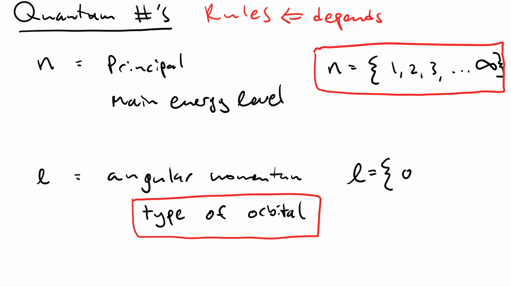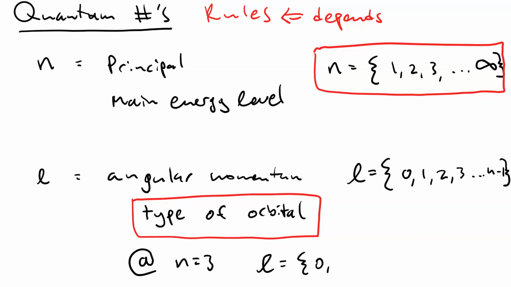So 0 is the lowest possible value of L, then 1, 2, 3, and the top is n minus 1. Say you have n equals 3, then the possible L values are 0, 1, and 2.